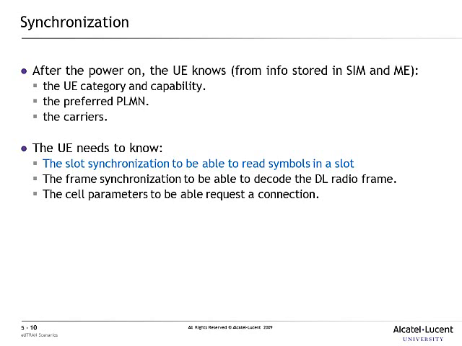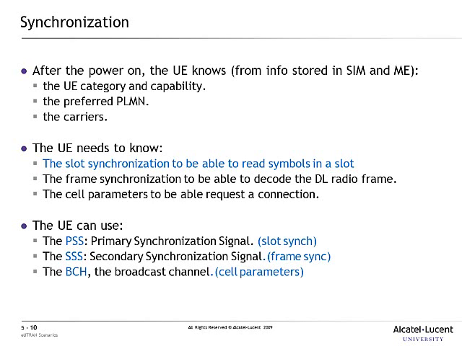Once you know where symbols start and end, the next thing you need to know is where the frame starts and where the frame ends. We need to pick up all this information. Then, once you know where the frames start and end, you start looking for certain information related to cell parameters, which are broadcast. These processes are very similar to the processes that take place in UMTS as well. You get information from the cell.